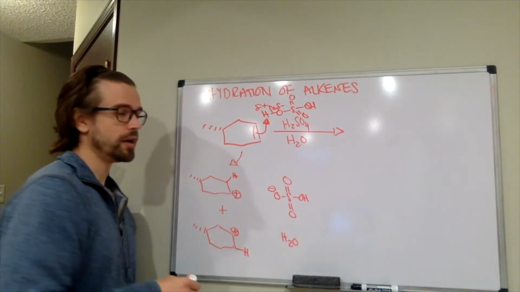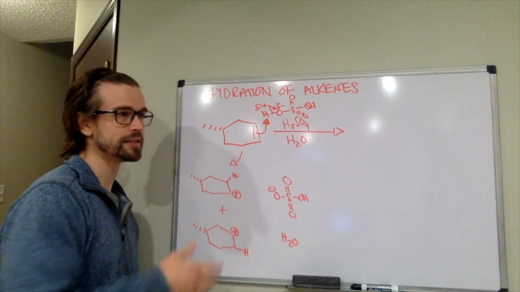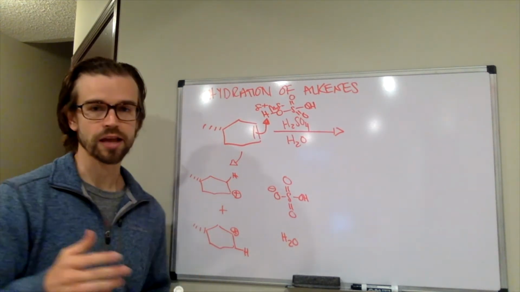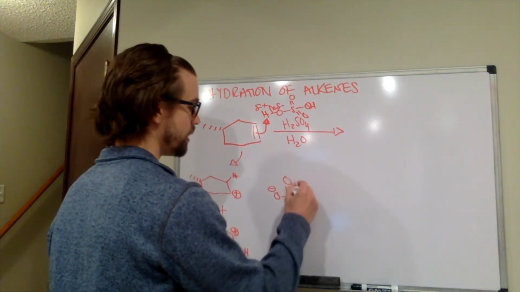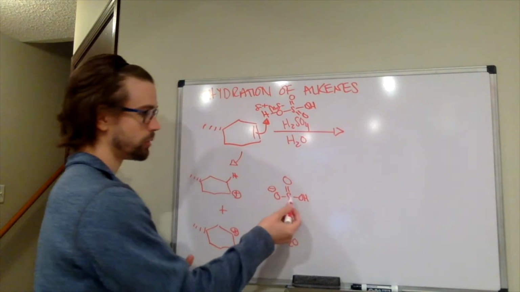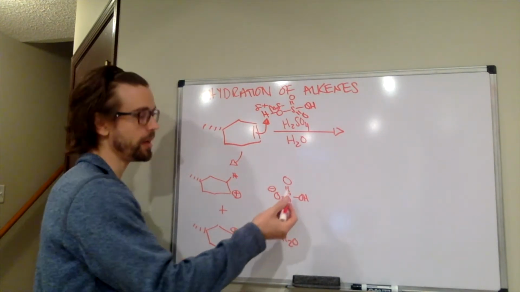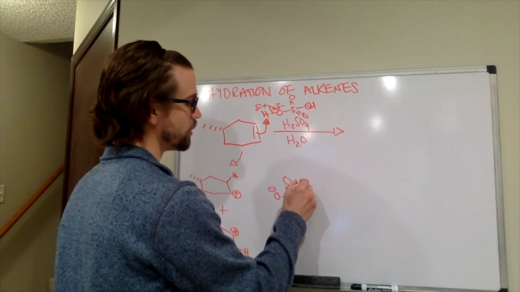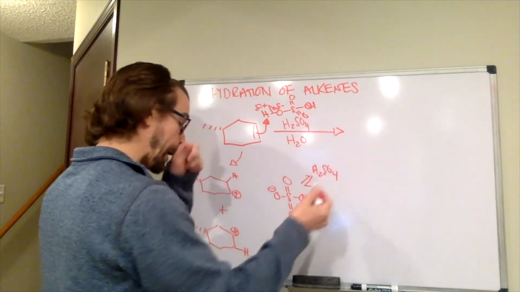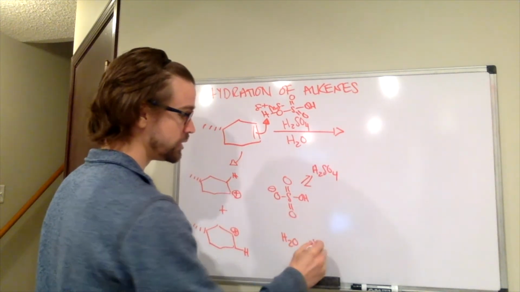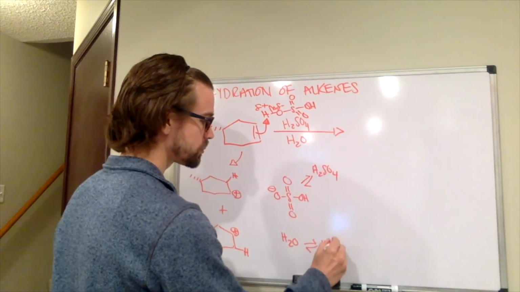The most easily way to say which one's the stronger nucleophile is to look at the strength of the conjugate acid. The conjugate acid of the sulfuric acid conjugate base is sulfuric acid, H2SO4. The conjugate acid of H2O would be H3O plus.